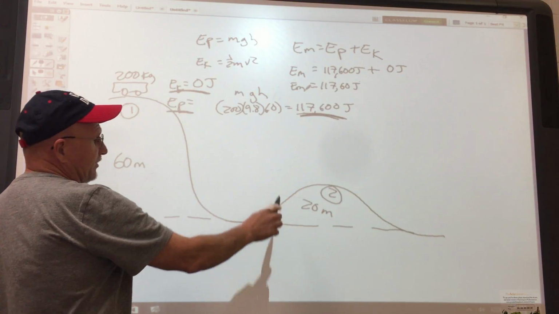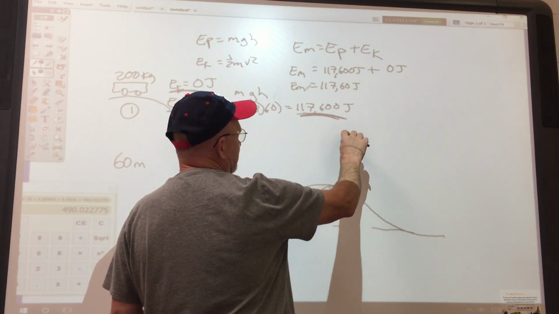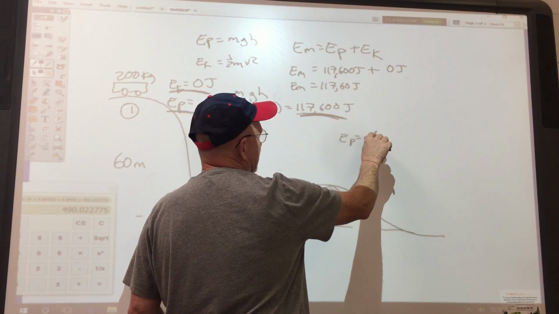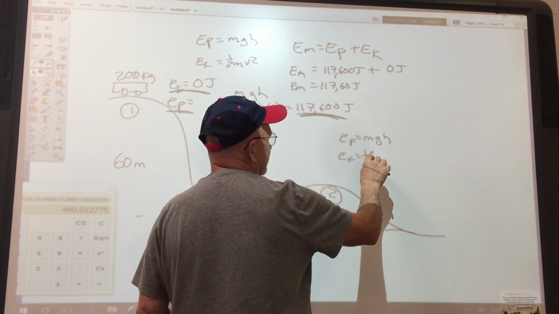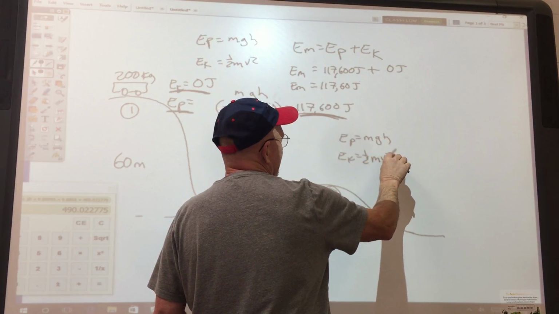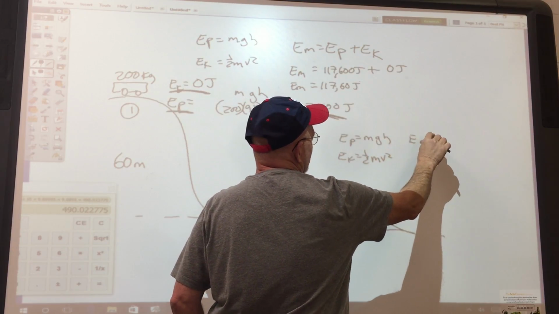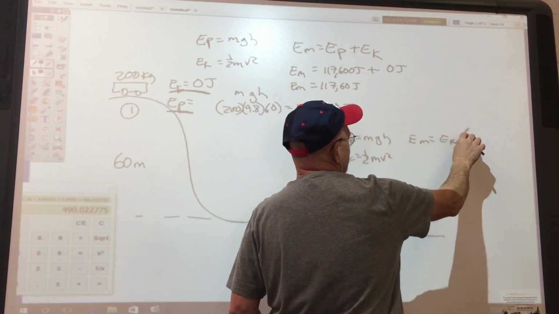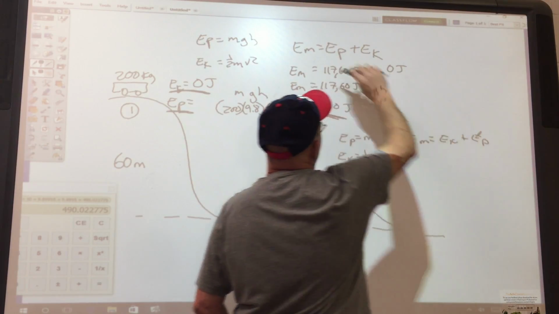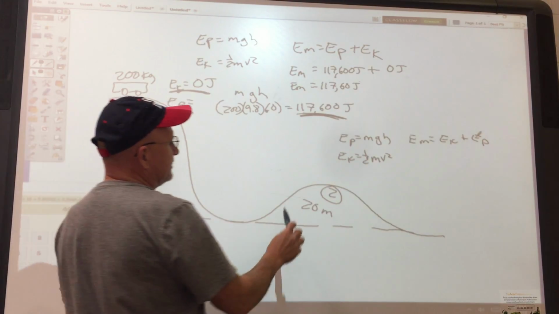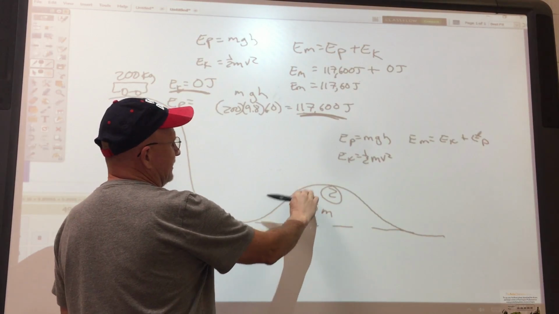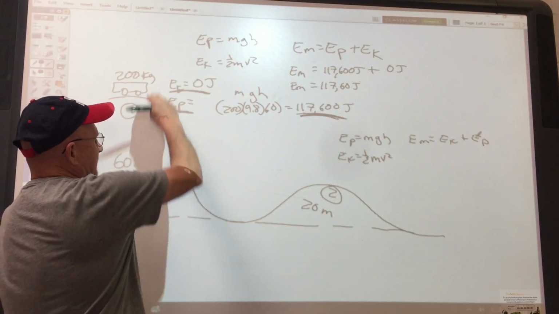Since I know this is 20 meters, let's find the EP and the EK here. EP equals mgh, EK equals 1/2 mv squared, and EM equals EK plus EP. I've written all this down 300 times, but we're going to see how we use this. I know the mechanical energy in the system stays the same the whole time.